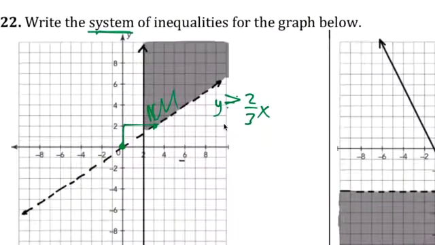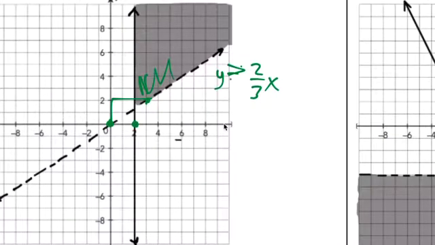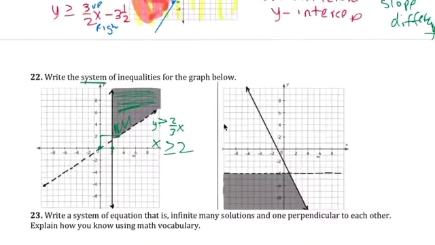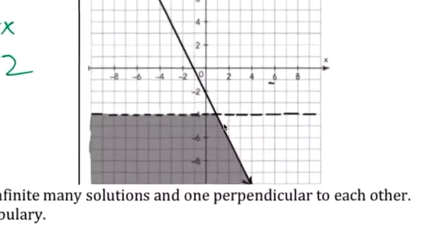The other one is x is 2. This side is greater than, that side's greater than or equal to 2. That's how you write that equation, okay? So write that equation. Most of you got this right.